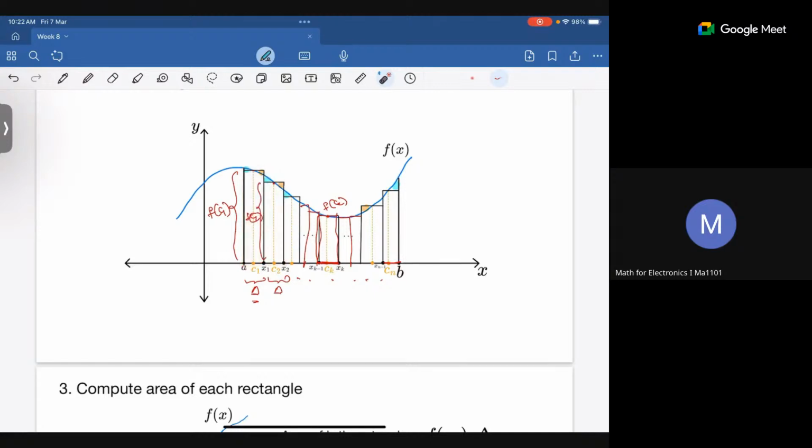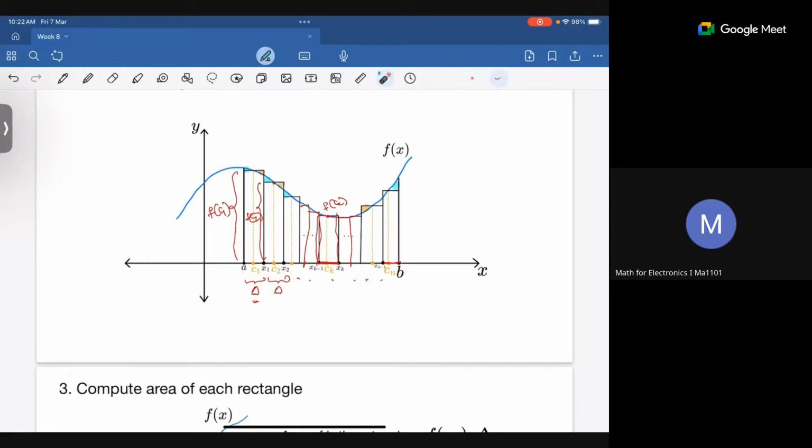So the approximation will be better. As delta goes to 0, if I make this infinitesimally small, what do I mean by infinitesimally small? I choose A and I choose the very next point which I can choose, and I say that will be the length of the rectangle.